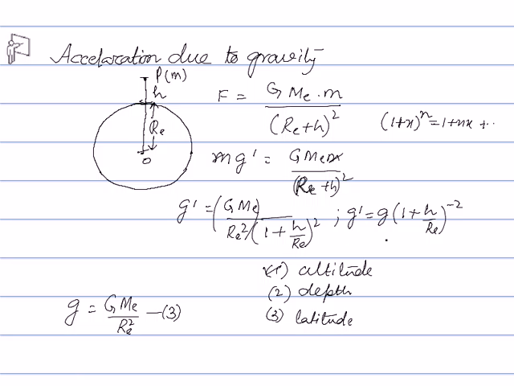So g dash equals g (1 minus 2h by R_E). From this equation we find that as h increases, the value of g dash decreases. So as the height above the surface of Earth increases, acceleration due to gravity decreases. This equation states the variation of g with altitude.